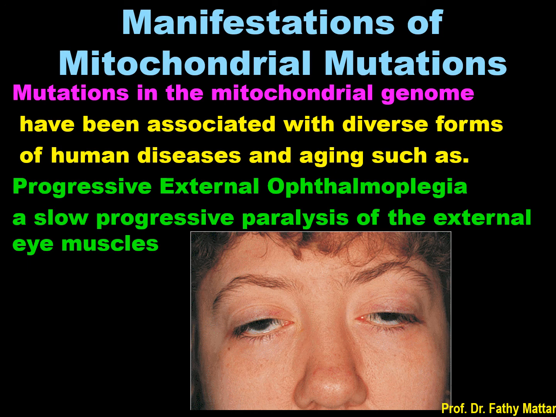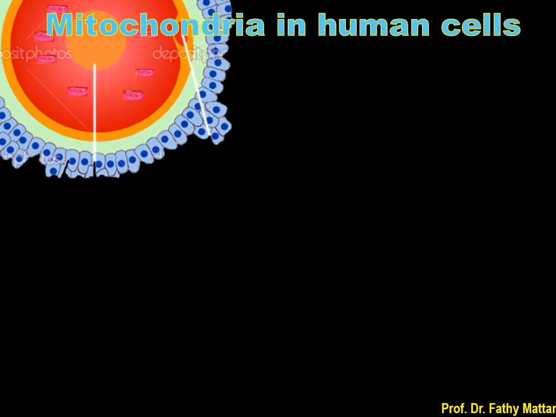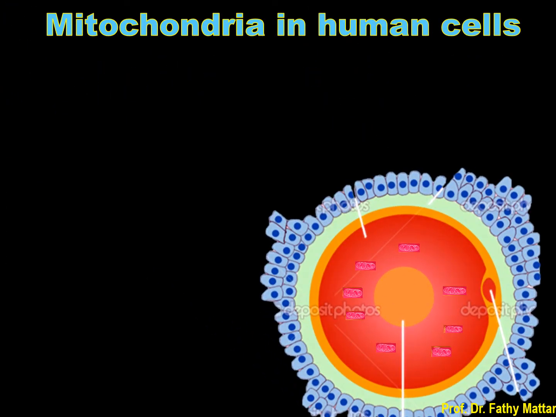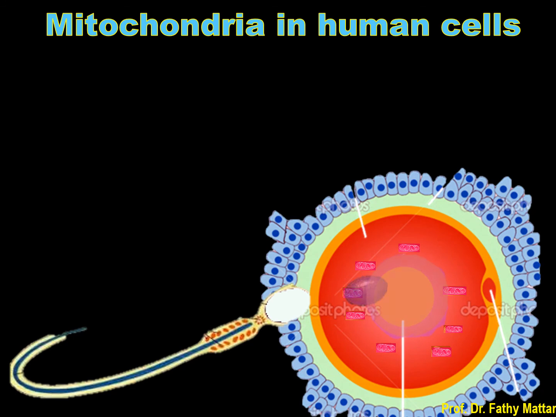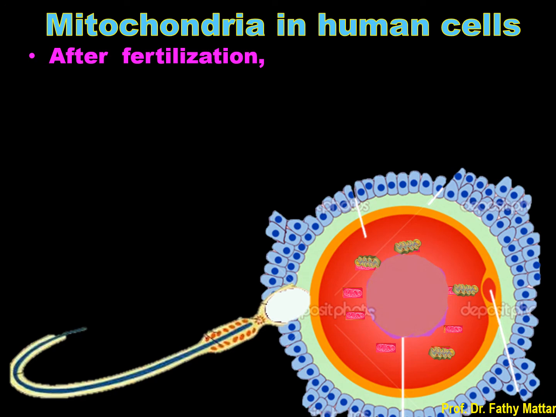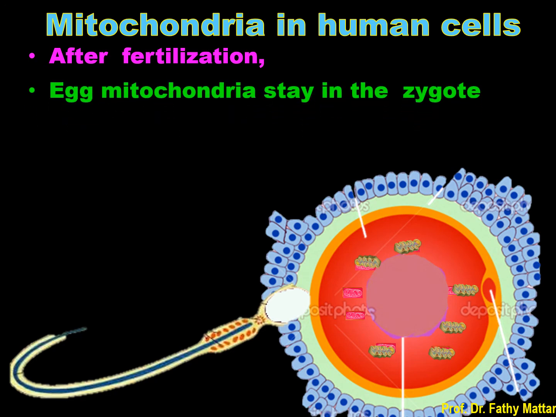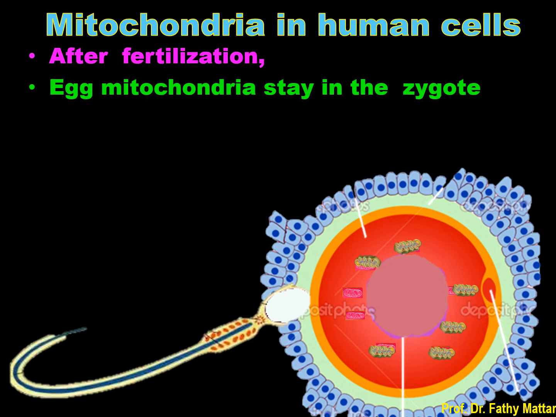How do you know from looking at a pedigree that this family has mitochondrial inherited disease? If we look at how the mitochondrial inherited diseases are inherited, we'll find that during fertilization, the egg cell has the mitochondria which are transmitted to the zygote.